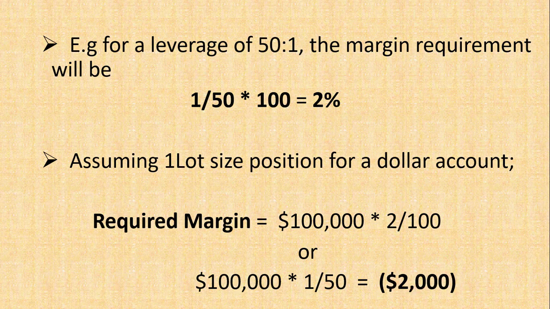So for you to open a lot size of 100,000 units with a leverage of 50:1, you require a capital in your account of $2,000. That is the margin requirement. It is not a loan, it is not a fee, but it's money you need to have in your account to be able to open a certain position.